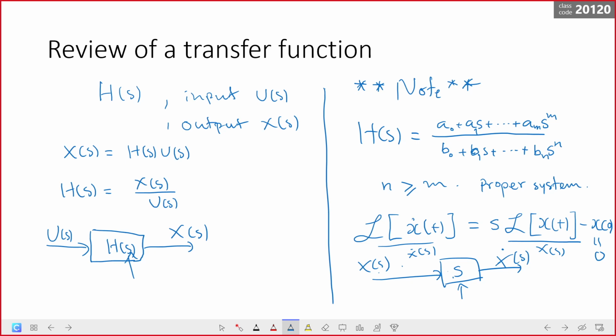Let me give you an example. Let's say h of t equal to sine of t plus 2.